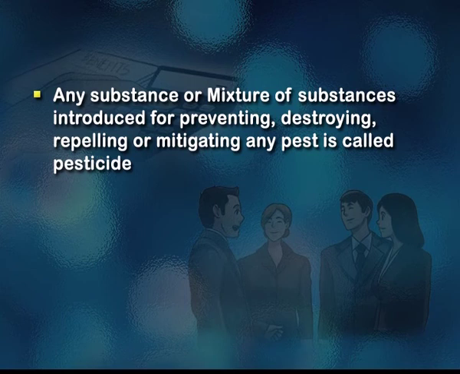According to the Federal Environmental Pesticide Act, a pesticide is any substance or mixture of substances introduced for preventing, destroying, repelling or mitigating any pest. So, they have an inhibitory, destroying or repelling effect on the pests.